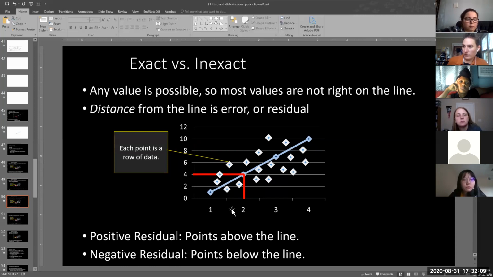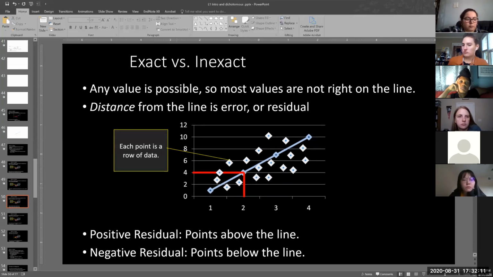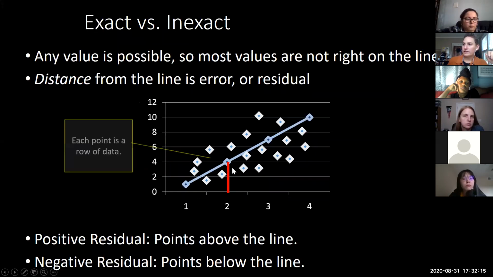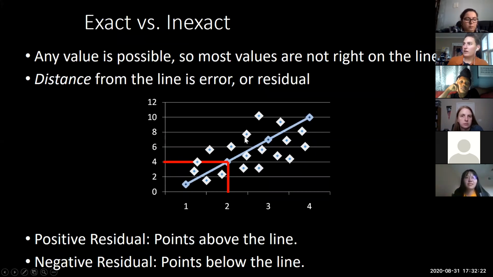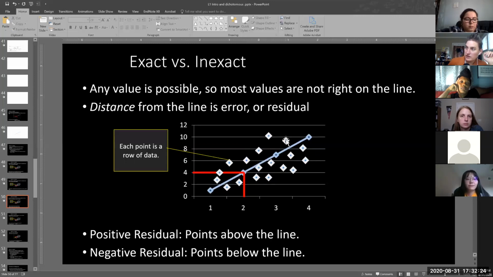So for example, this guy right here outperformed where I thought he was going to be. He's up here above my prediction line. He will have a positive residual because I thought he would be here, but he was way up here.